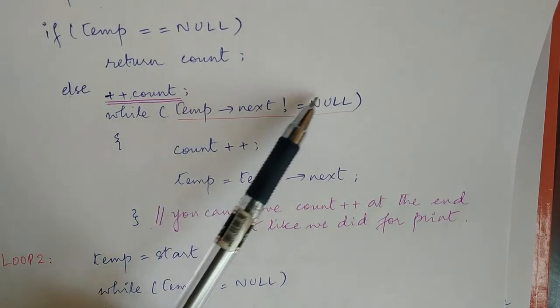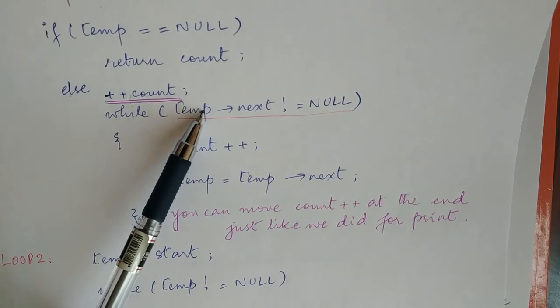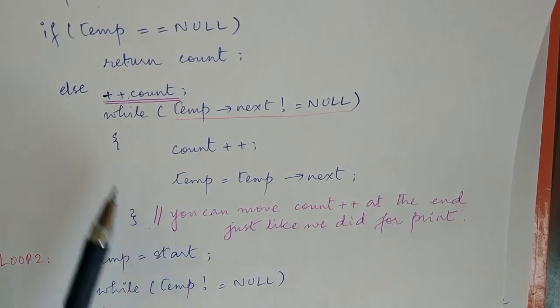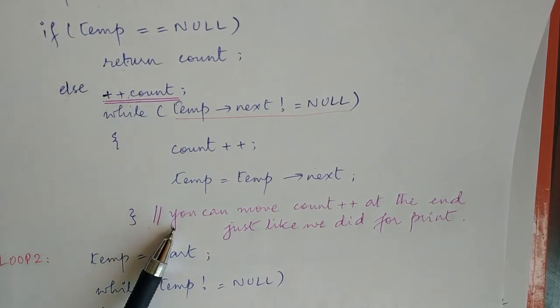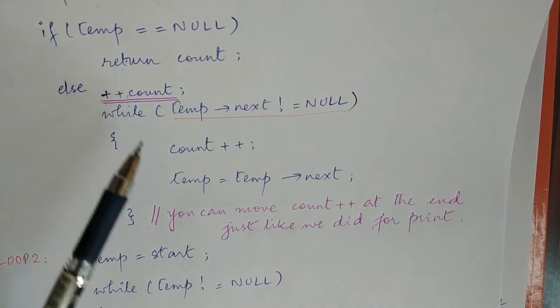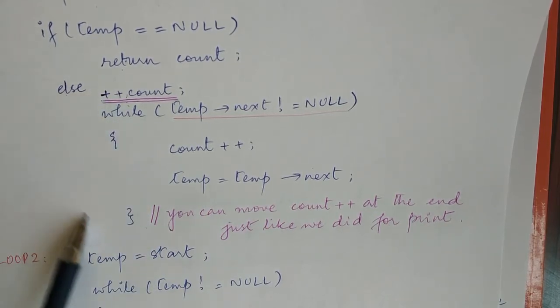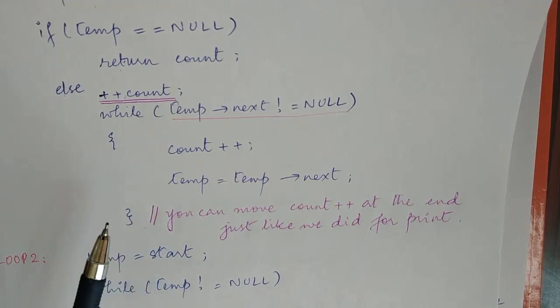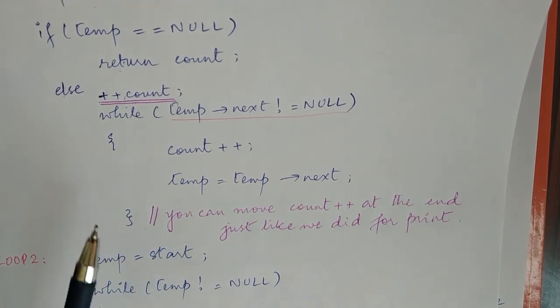If the next field is null, that means we have stopped at the last node, so we will come out and do count plus plus. In case you have done it here, then this is not required. Okay, so you can put plus plus count before, or you can just move the statement here. Okay, so this will be your counting the number of elements in a linked list.